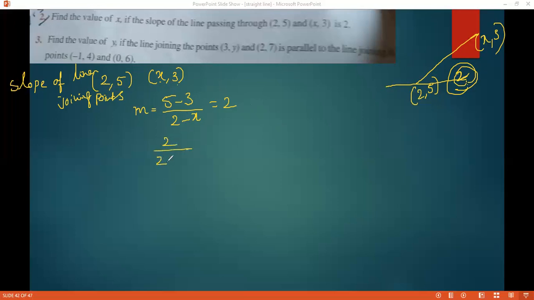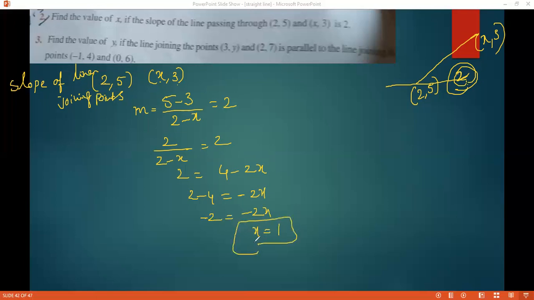So 2 by (2 - x) is equal to 2, so 2 = 4 - 2x. Cross multiply, so 2 - 4 = -2x. So -2x = -2, and x = 1. They asked to find the value of x, so x is 1.